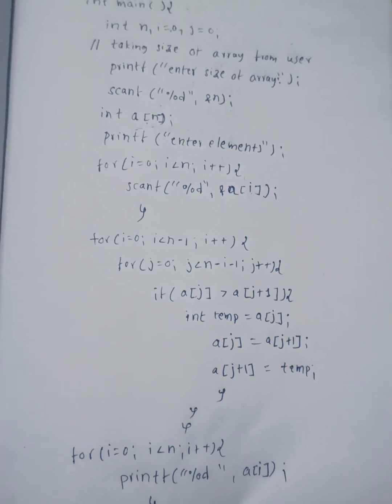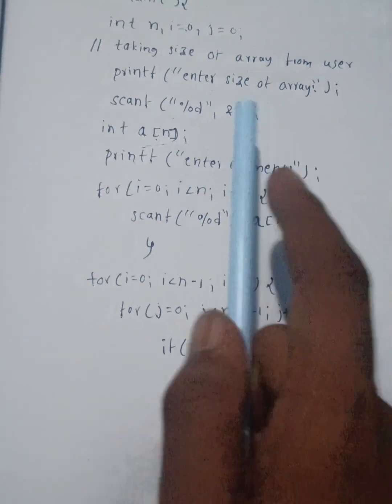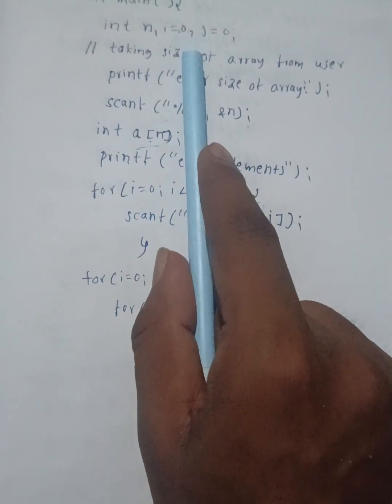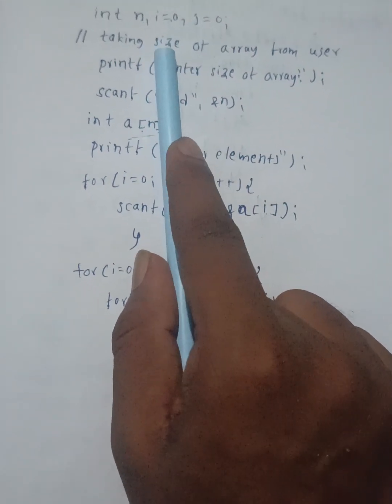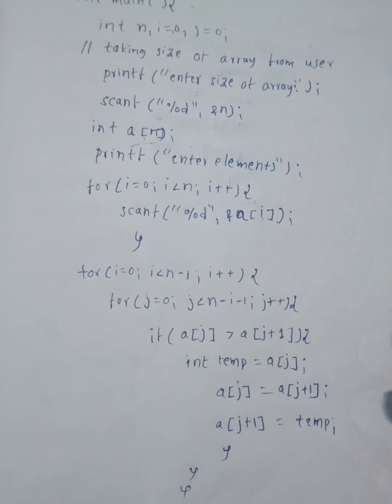To discuss the entire code, here we took n, initialized i equal to 0 and j equal to 0, and took the size from our user.